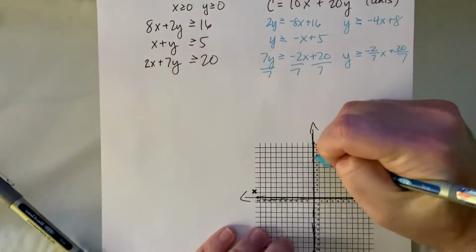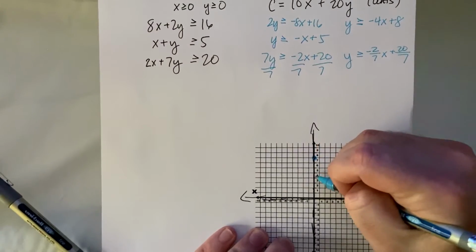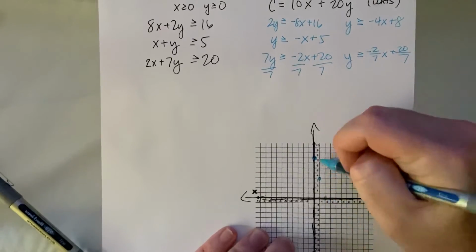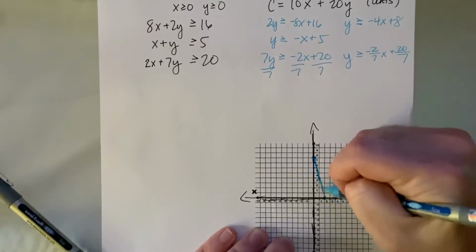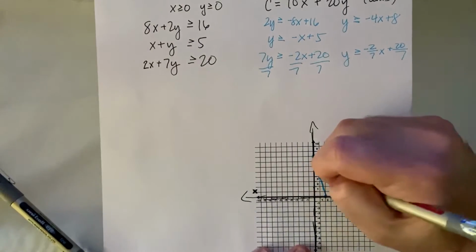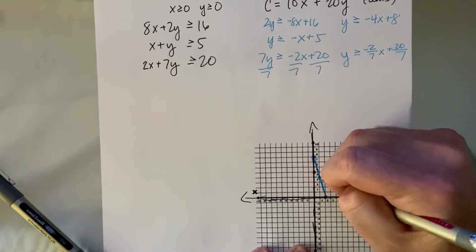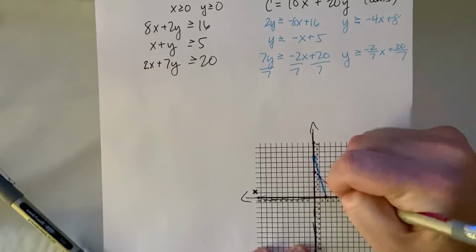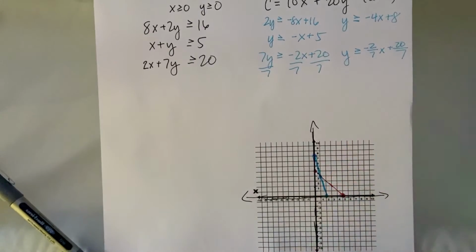Start at 8, slope of down 4 over 1. So we've got this line. Negative x plus 5: start at 5, go down 1 over 1 the whole way.